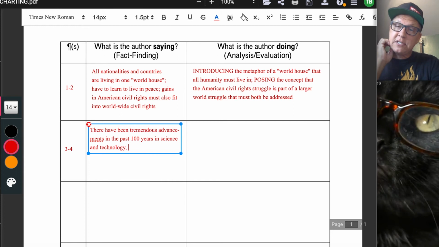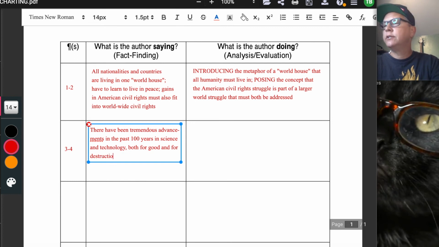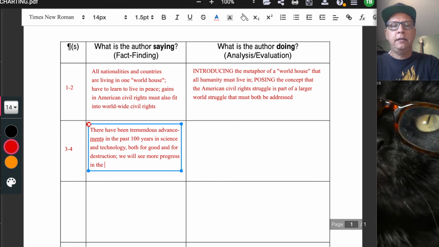And now it was interesting, right? He gave some positive things, things that were beneficial, but he also talked about war and bombs and napalm and stuff. So both for good and for destruction, we will see more progress in the years ahead.